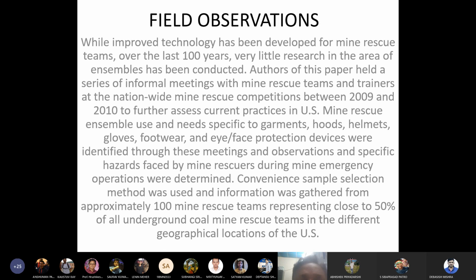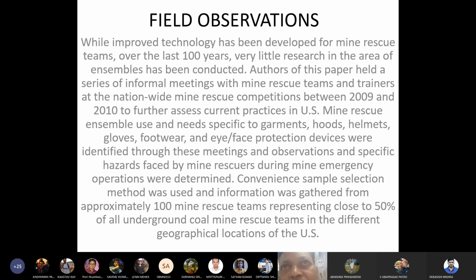While the rescue operation is carried out inside the mine, some field observations are made. While the rescue team members carry out the rescue operation inside the underground mine, some field observations were obtained. While improved technology has been developed for mine rescue teams over the last 100 years, very little research in the area of equipment has been conducted.